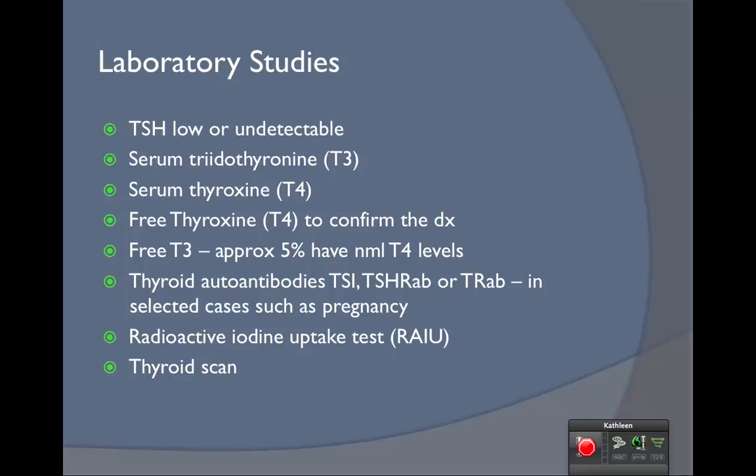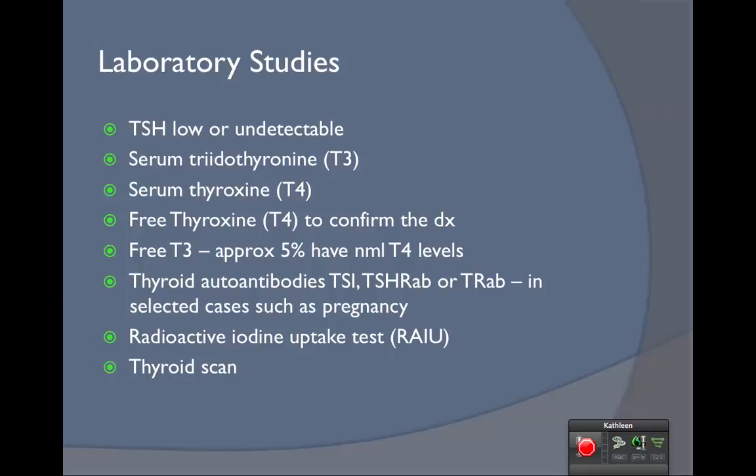Also, a 24-hour radioactive iodine uptake test is used to differentiate between Graves' disease and multinodular goiter versus subacute thyroiditis and/or silent thyroiditis. Graves' and multinodular goiter will have elevated, very important, radioactive iodine uptake.